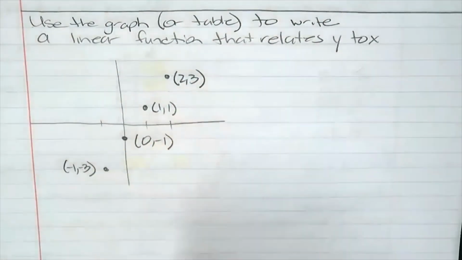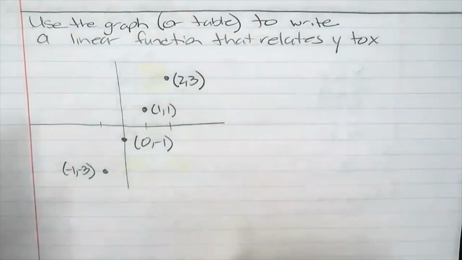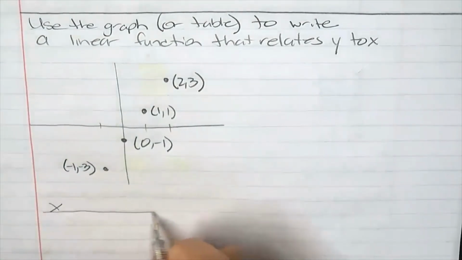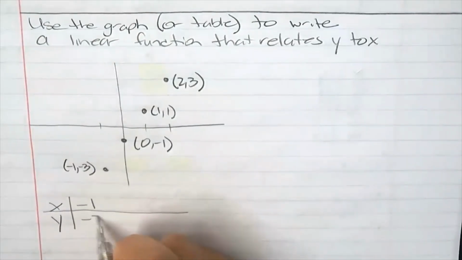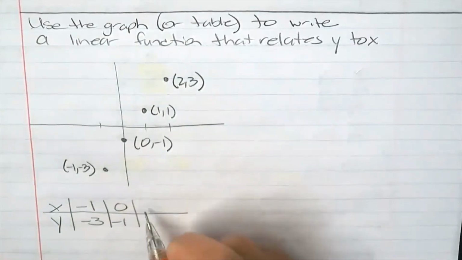So the book gives us this graph. And the matching table for this graph would be -1, -3, 0, -1.